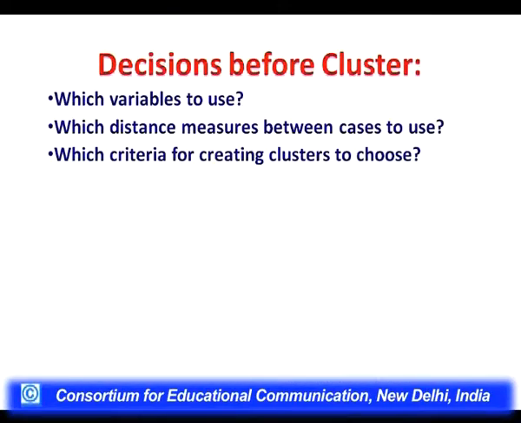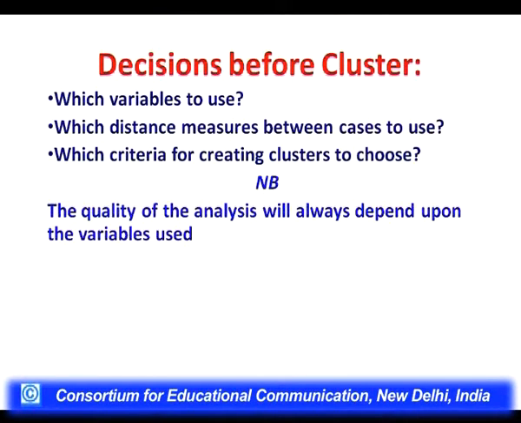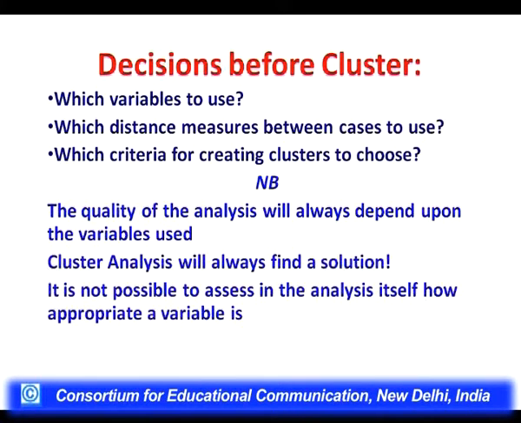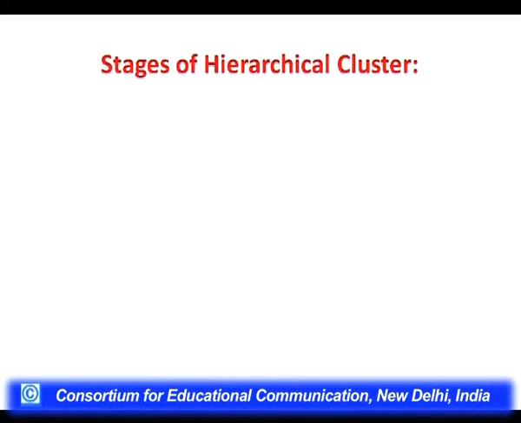Which criteria for creating clusters to choose? The quality of the analysis will always depend on the variables used. Cluster analysis will always find a solution. It is not possible to assess in the analysis itself how appropriate a variable is.